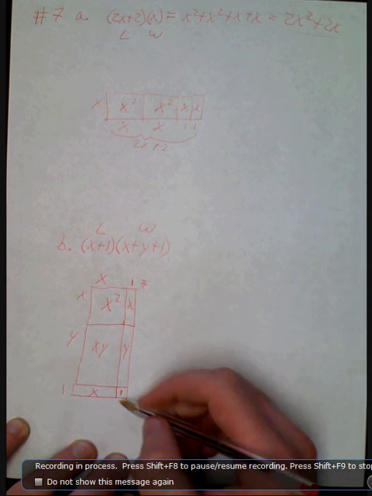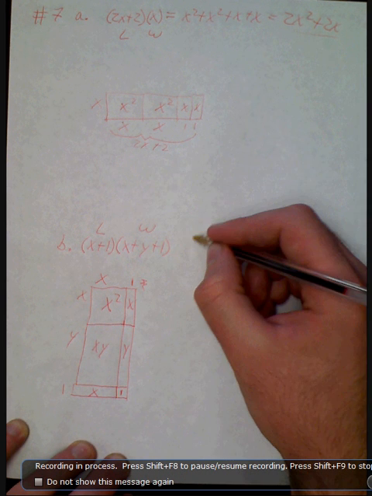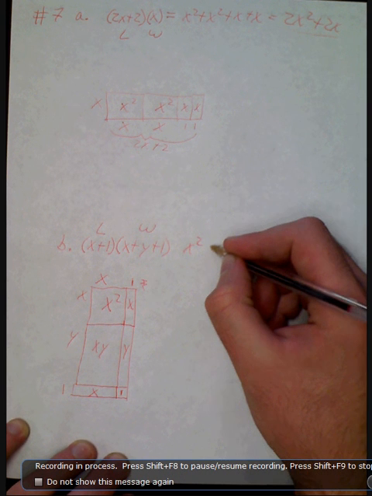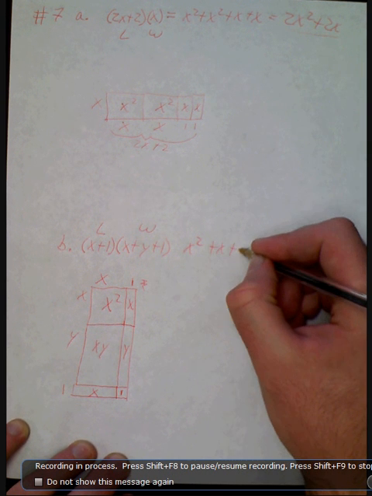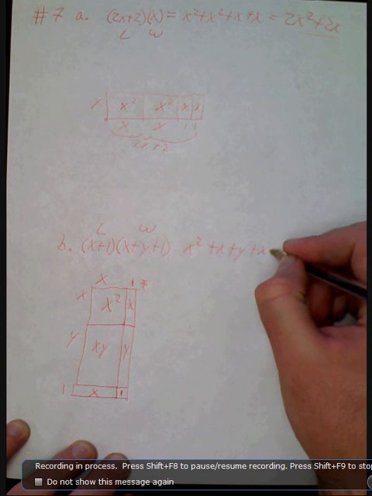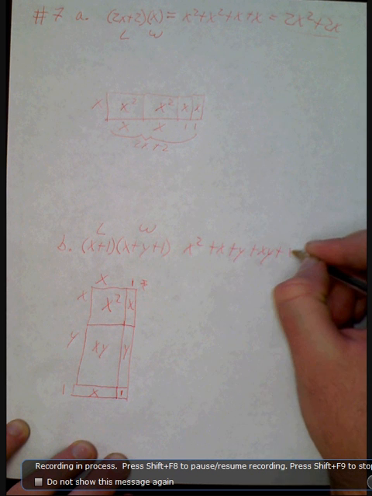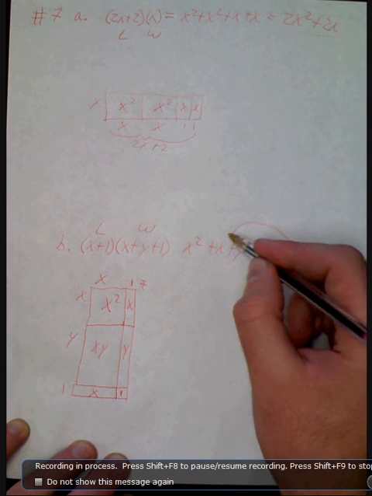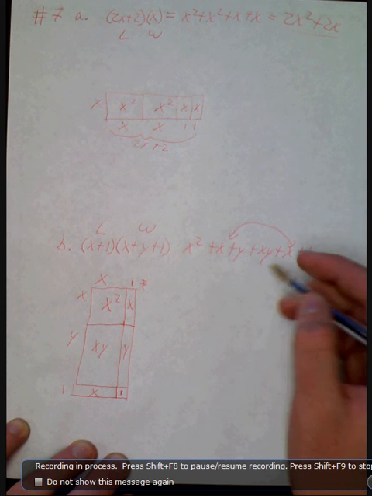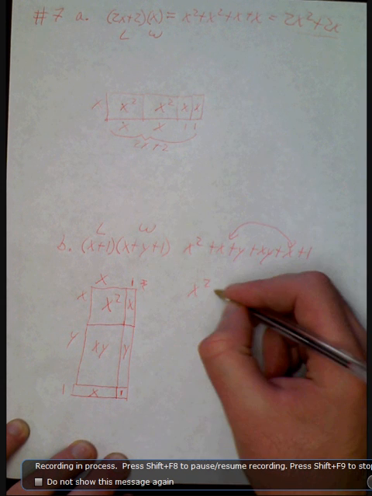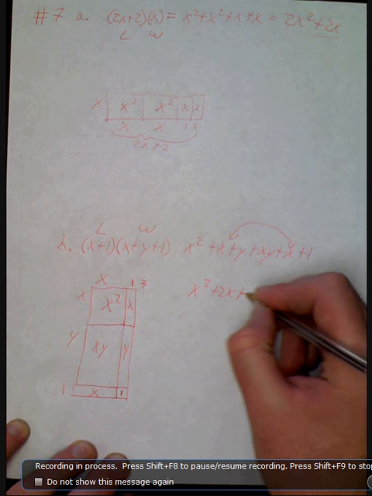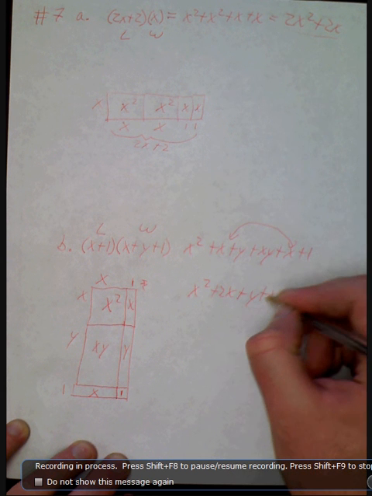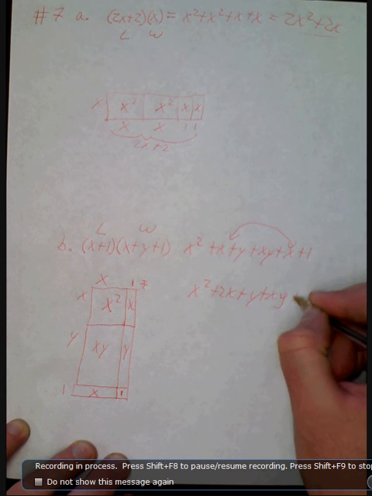So now we can add all these together and have x squared plus x plus y plus xy plus x plus 1. And then if there are any like terms like these two, we can combine them and get x squared plus 2x plus y plus xy plus 1.